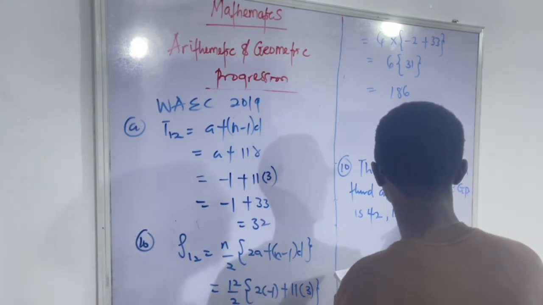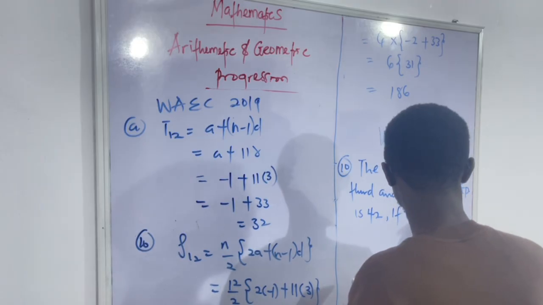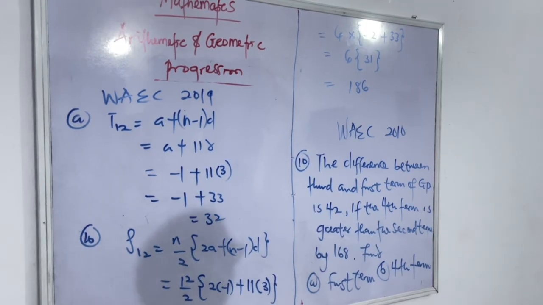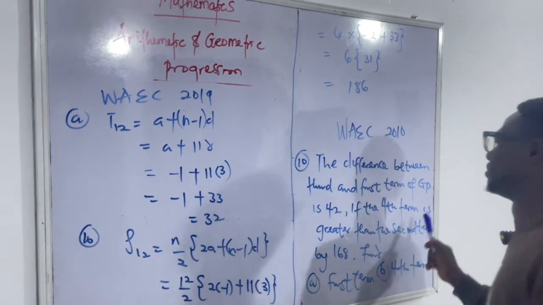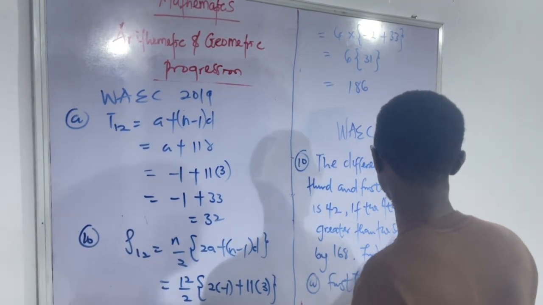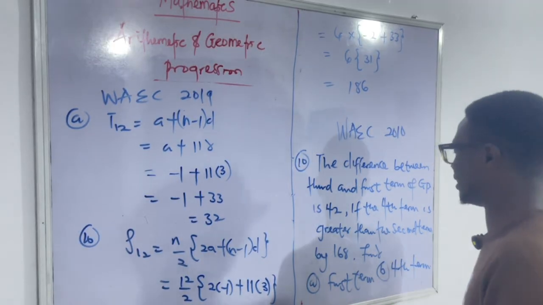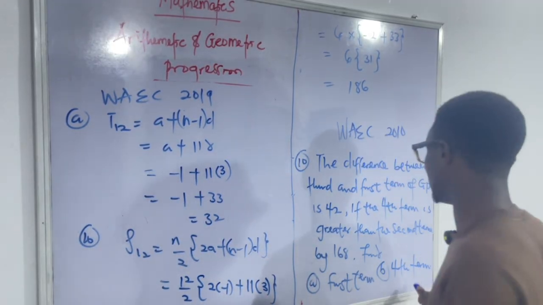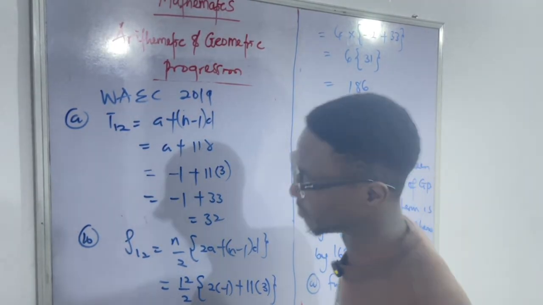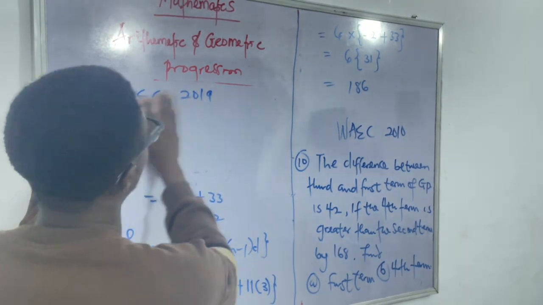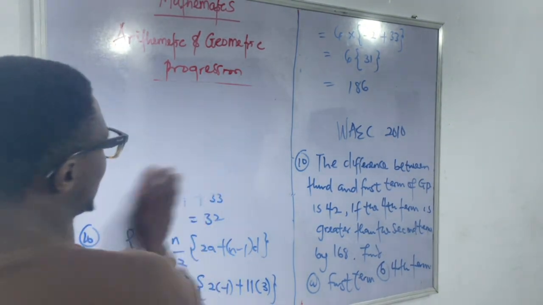If the fourth term is greater than the second term by 168, find A, the first term, and B, the fourth term. So we're already given what we want to work with.